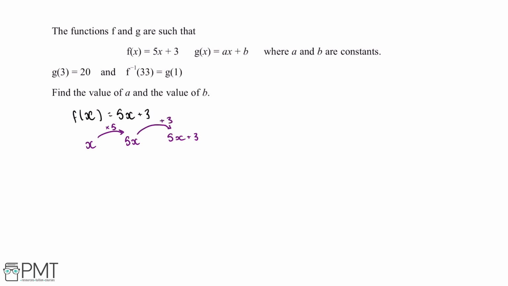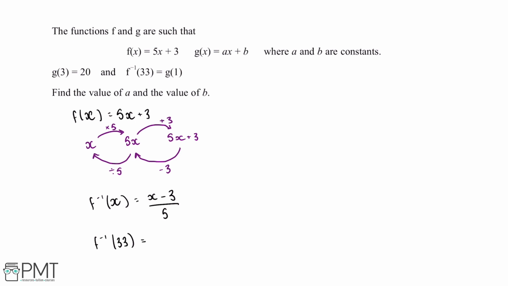So in order to work out the inverse of f of x, we're going to want to minus 3 and then divide by 5. So what this means is the inverse of f of x is equal to x minus 3 all divided by 5. So now what we can do is we can work out the inverse of f of 33.